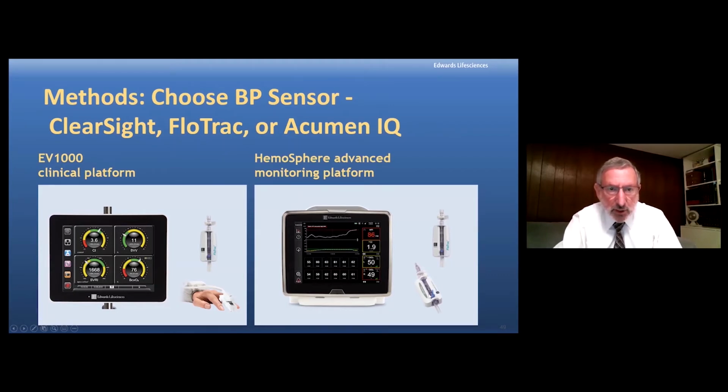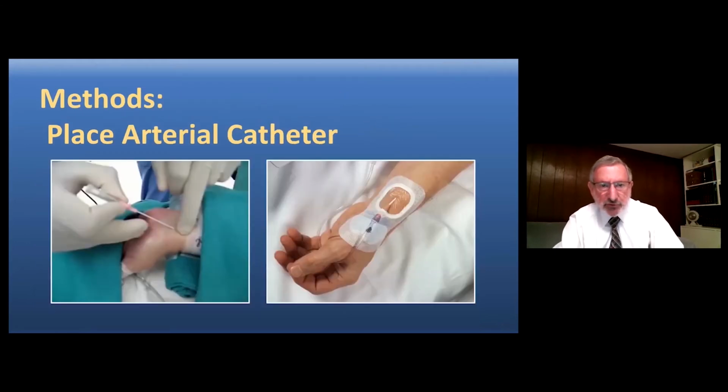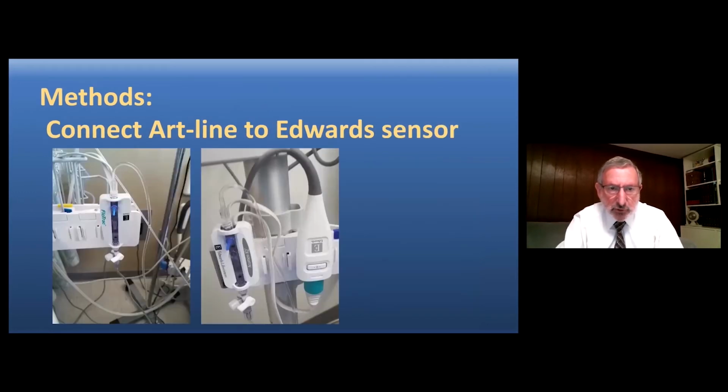After you hook up your ART line to either of these platforms, using the FloTrac or the IQ Acumen, you're able to bring your data into visualization for the SVI, the CI, and other hemodynamic variables.